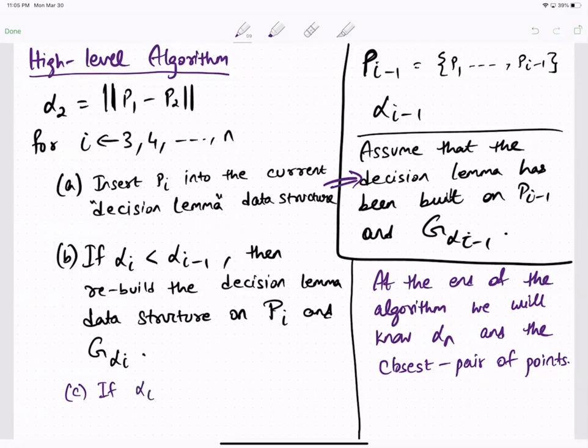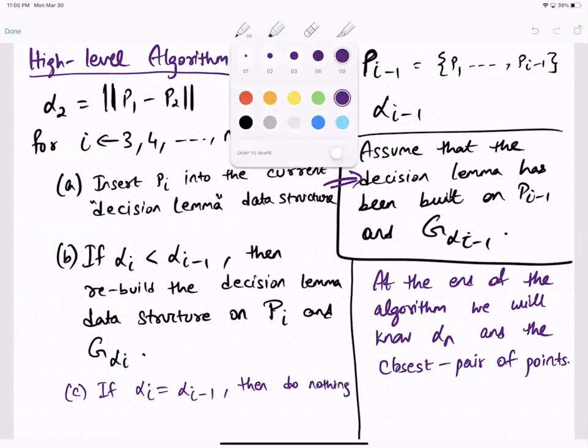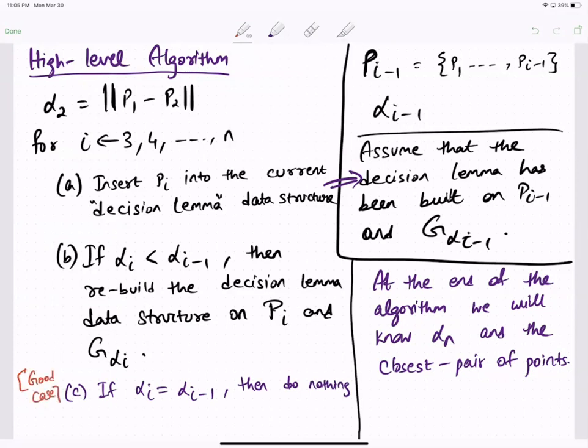If alpha i is equal to alpha i minus 1, then do nothing. So in some sense, this is the good case, because when this happens, the closest pair has not changed. And so you can use the same grid, the same data structure for the next iteration.